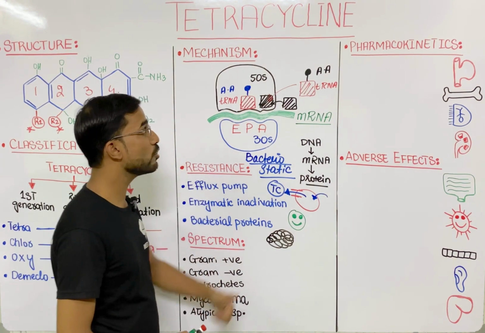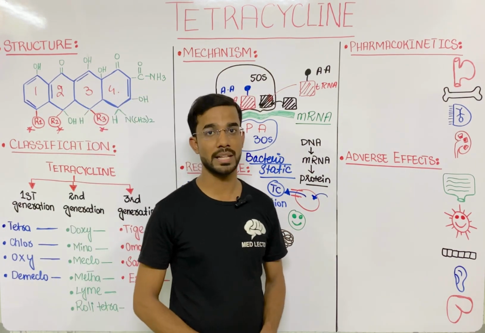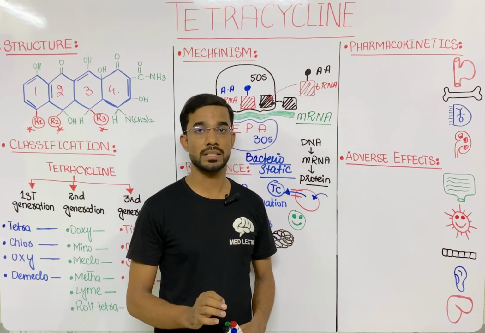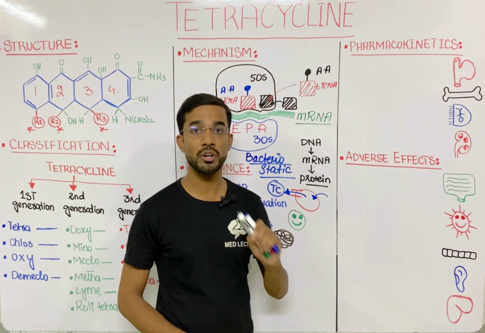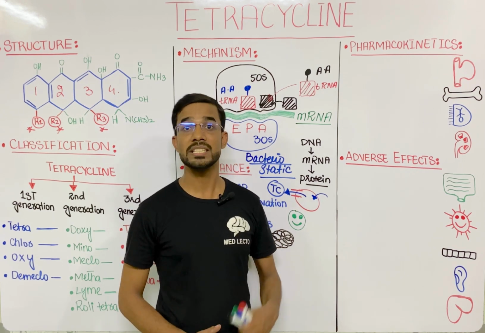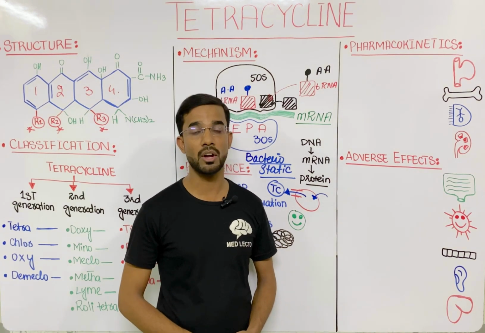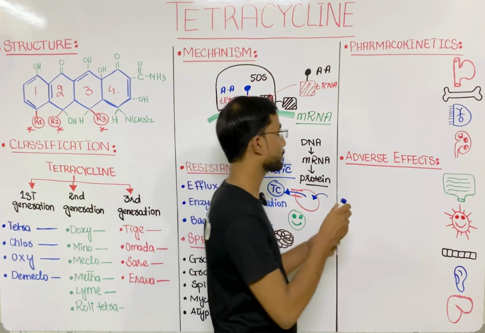Okay. If we look at the pharmacokinetics, if the patient is taking the tetracycline, please give instruction to that patient that he or she will not take the tetracycline along with the substances having divalent or trivalent cations. But why?